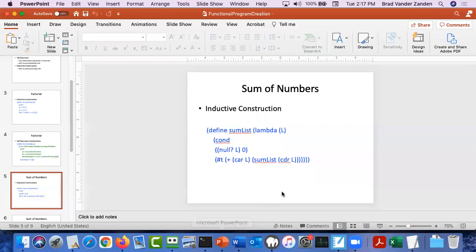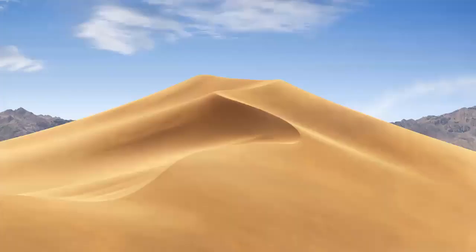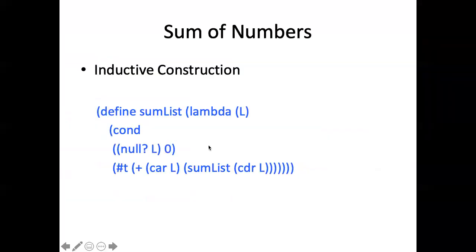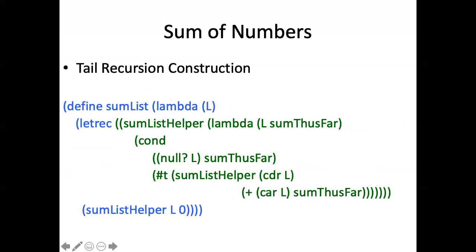Okay, so we look at this. That's what's happening in the inductive construction. It calls sumlist on the cdr, gets that result, adds car to it. Tail recursion says, okay, again, I need to define a helper function. I have the sum thus far and the list.